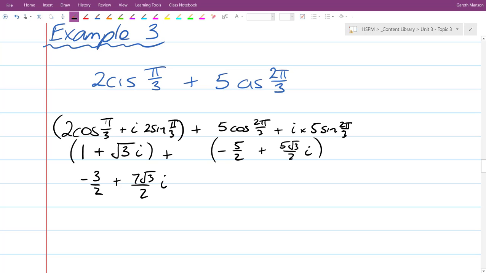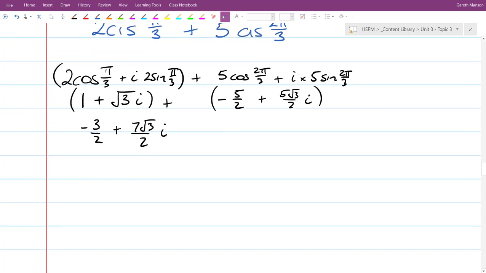And that's our answer. Now, the only thing you have to be aware of is that once you've got this answer, you may be required to go back into polar form. So we might have to take that time to say, okay, r is equal to the square root of (negative 3 on 2) squared plus (7 root 3 on 2) squared.